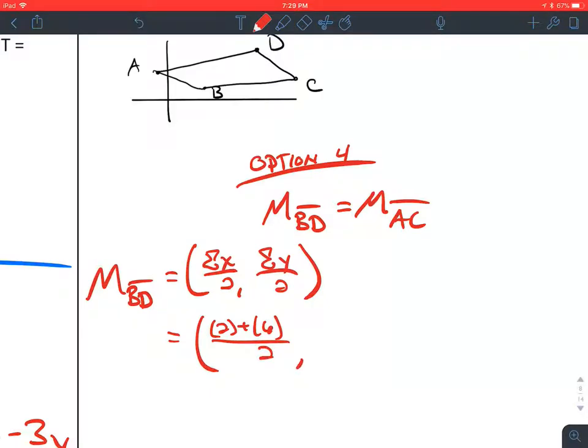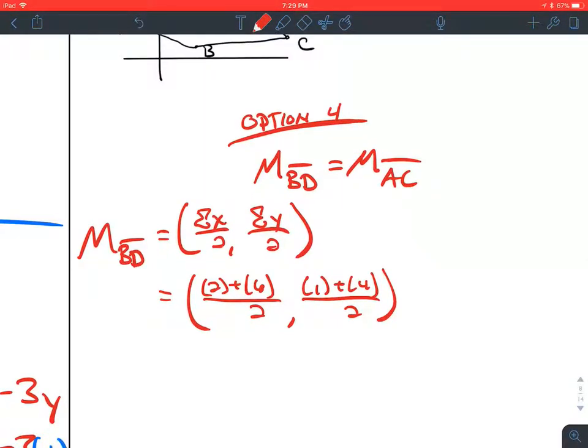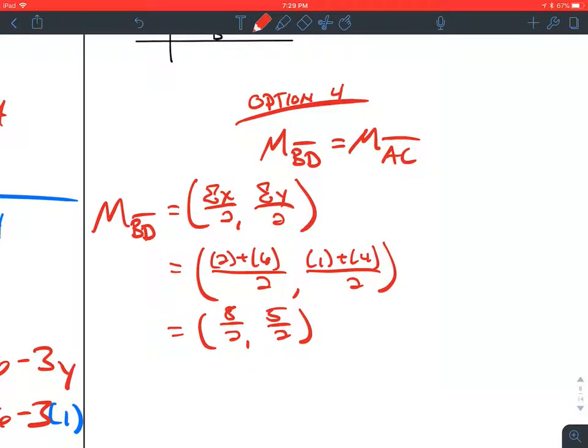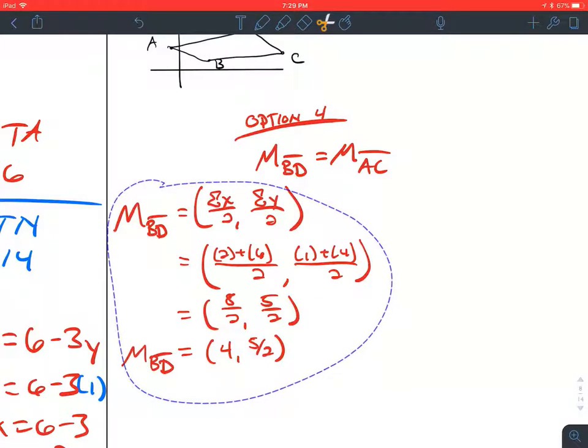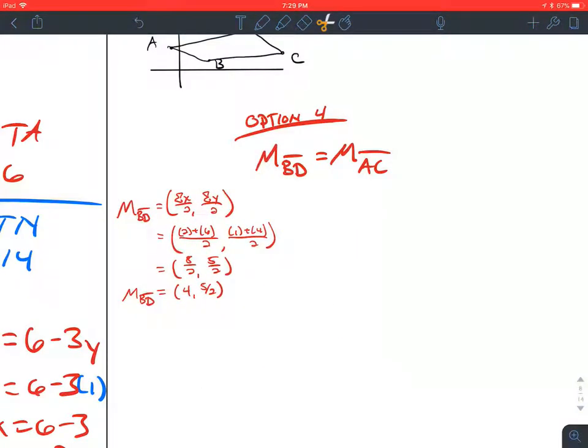My y values for B and D are 1 and 4. 2 plus 6 is 8. 1 plus 4 is 5. 8 divided by 2 is 4. 5 over 2 doesn't reduce. The midpoint of diagonal BD is (4, 5/2). Now I'm going to see if the midpoint of the other diagonal is the same.